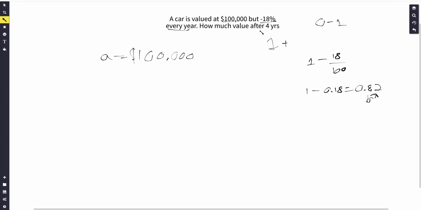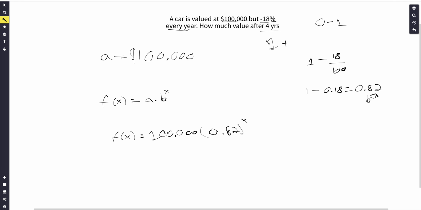Okay, and we need to find how much that's valued after 4 years. So let's write our function, f of x is equal to a times b to the power of x. And then let's just plug in what we have now. So f of x is equal to our a, which is 100,000, times the b, which is 0.82 to the power of x.